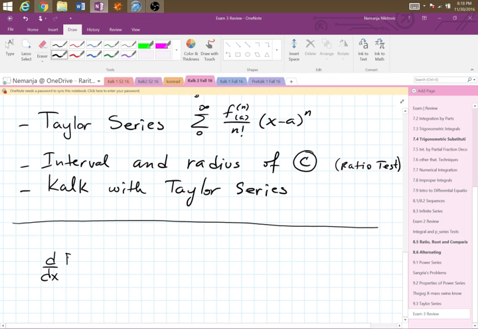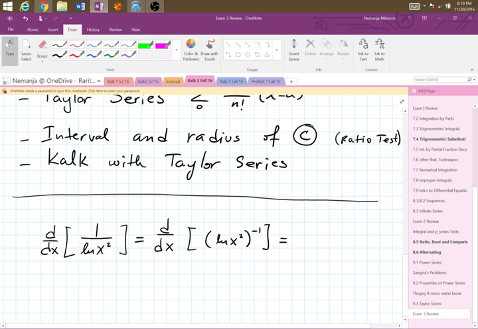So what is the derivative of 1 over ln x squared? It is going to be d/dx, and you rewrite this as ln x squared to the minus 1. Taking the derivative, you first drop the exponent down, then you have ln x squared to the negative 2 because you subtracted 1.